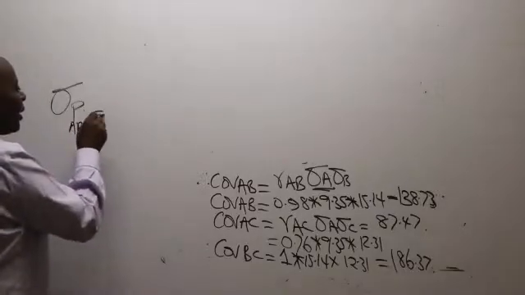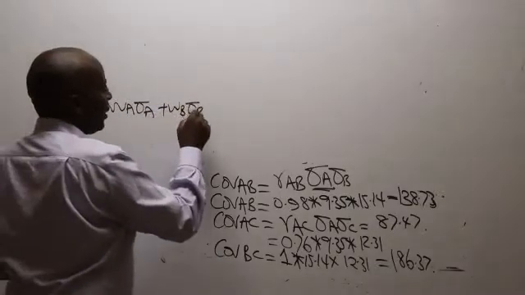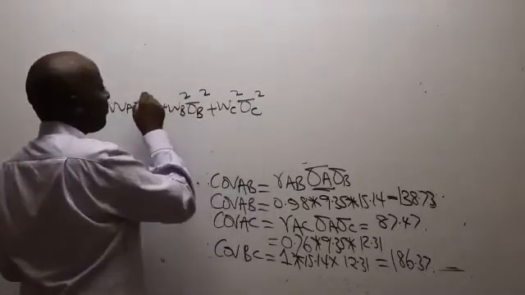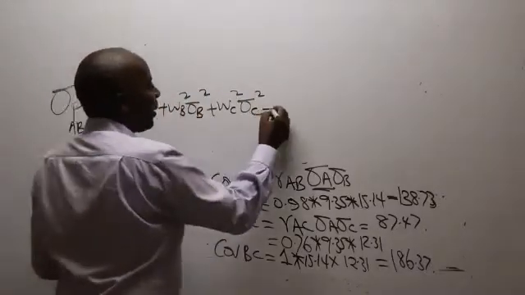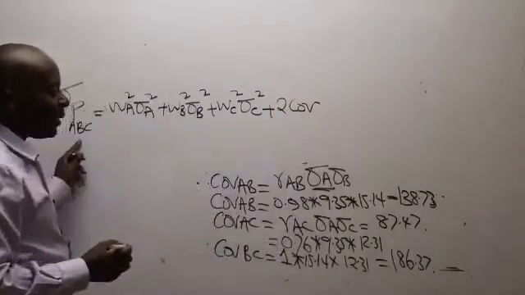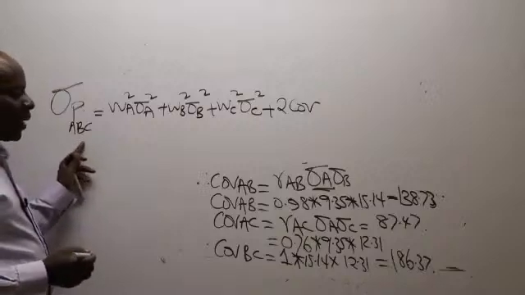No worries. I'll come and write weight A, standard deviation A, plus weight B, standard deviation B, plus weight C, standard deviation C, and I square everything. Now plus 2 covariance, the first pair. Remember, here we have 3 pairs. Which pairs do we have?